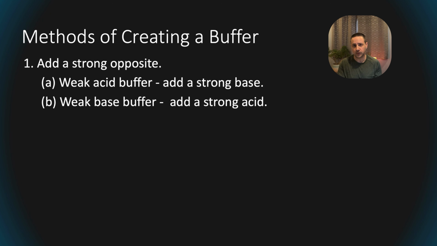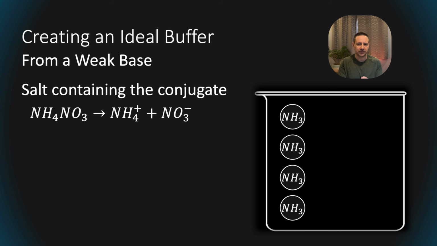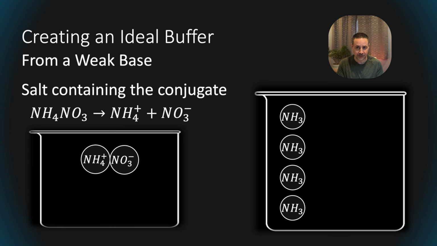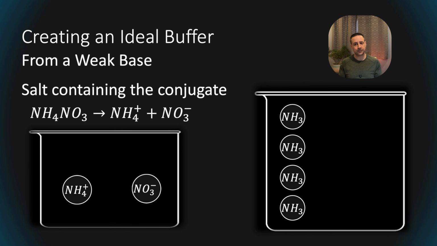This is only one method of creating a buffer. There's also another way to go about this, and that's adding a salt containing the conjugate. Let me give you an example. Let's take NH4NO3. Notice, because of that NO3 anion, it's going to fully dissolve in water. That's why this has a forward arrow. The NH4NO3 is made of these 2 particles. They're going to split apart in water. Now, the NO3 is a spectator ion, so we can ignore that.